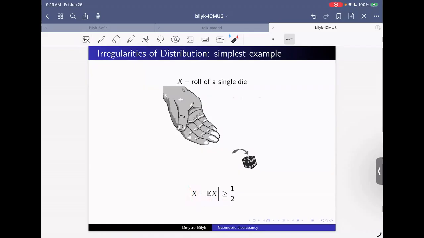Well, it's easy to see that it's at least 1/2, because the expectation is 3.5 and x is an integer. So you cannot get closer than 1/2 to the average. As I said, it's very stupid, but we will see this later. But you can view this as some sort of a start of irregularity of distributions.